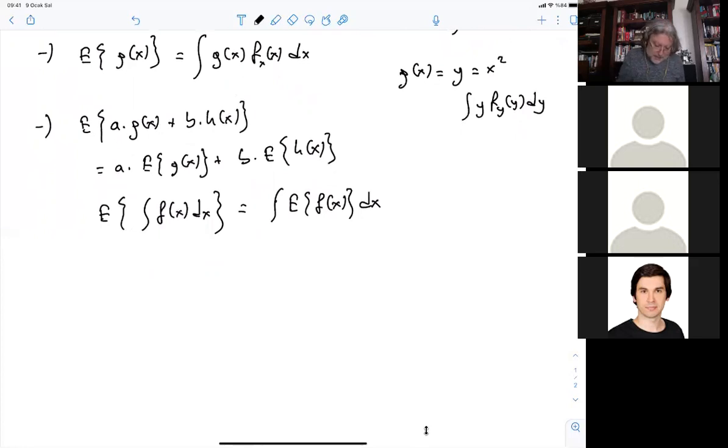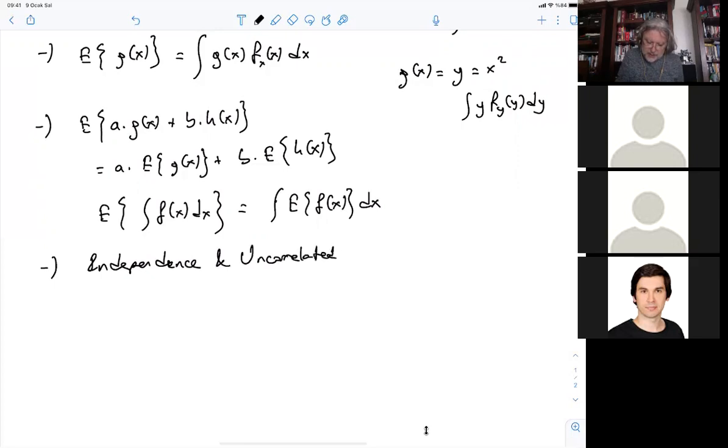Now, the next thing that is of critical importance is independence and uncorrelatedness. Let me write this: independence and uncorrelatedness. All right.